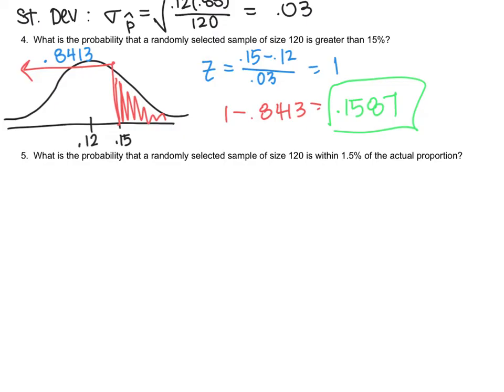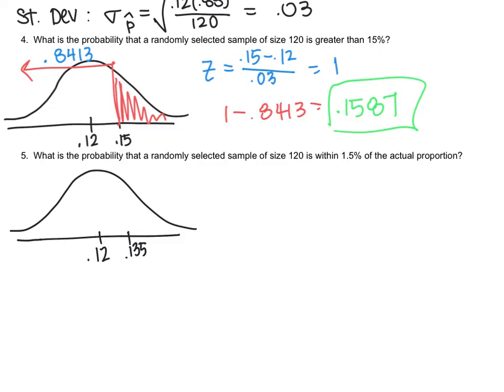Next, we want to find the probability that a randomly selected sample size of 120 is within 1.5% of the actual proportion. So I'm going to draw the normal curve. So 0.12. So if we want to be within 1.5% of the actual proportion, we do 0.12 plus 0.015, and that gives us 0.135. So that's the one above.